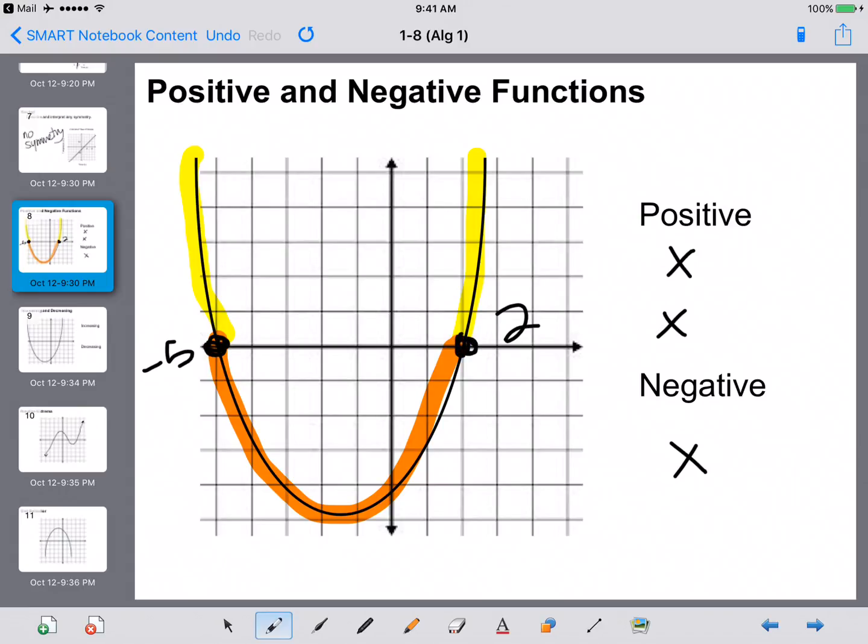Sorry, and this is negative 5. So our graph is positive from negative 5 and smaller. So when our x is less than negative 5, it's going to be positive. Then from 2 and bigger, it's also positive. So when x is greater than 2, it's going to be positive. Then it's negative in between those 2 points. So you make 2 less than symbols to mean in between. Negative 5 is on your left, and 2 is on your right.